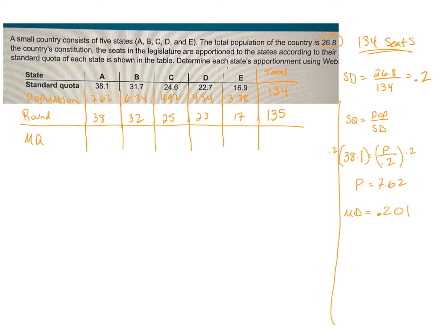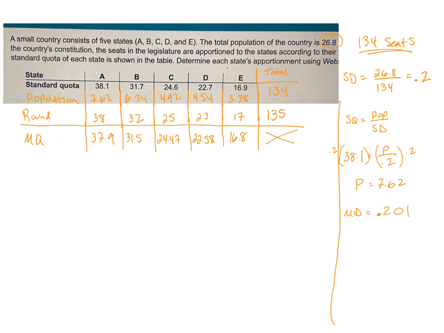So I'm going to take each state population and divide by 0.201. 7.62 divided by 0.201 is 37.9. 6.34 divided by 0.201 is 31.5. 4.92 divided by 0.201 is 24.47. 4.54 divided by 0.201 is 22.58. And 3.38 divided by 0.201 is 16.8.